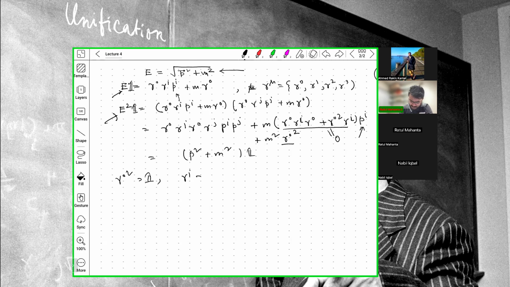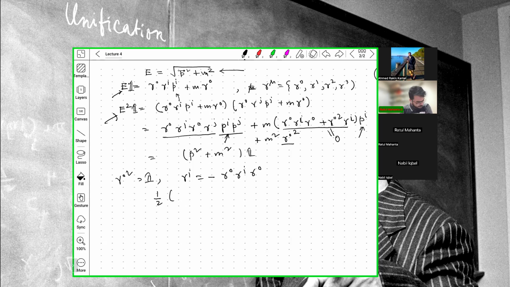Gamma i is minus gamma 0 gamma i gamma 0. And also, from the first term, quadratic in momenta, it should be proportional to delta ij. But since the product of numbers p_i times p_j is symmetric, only the symmetric part will be restricted, because any antisymmetric part will automatically go away. So it is the symmetric part on which you have to put a restriction.